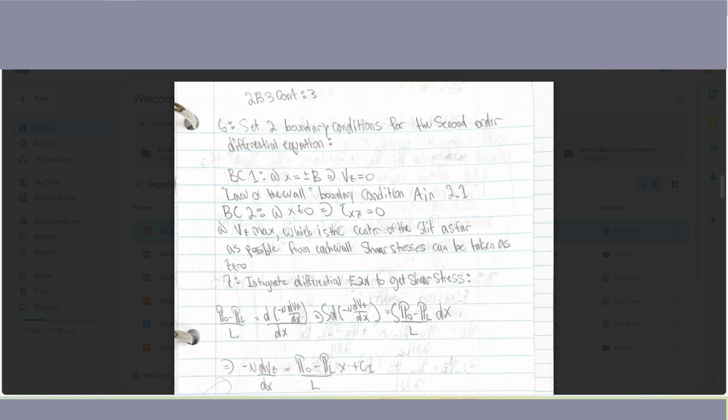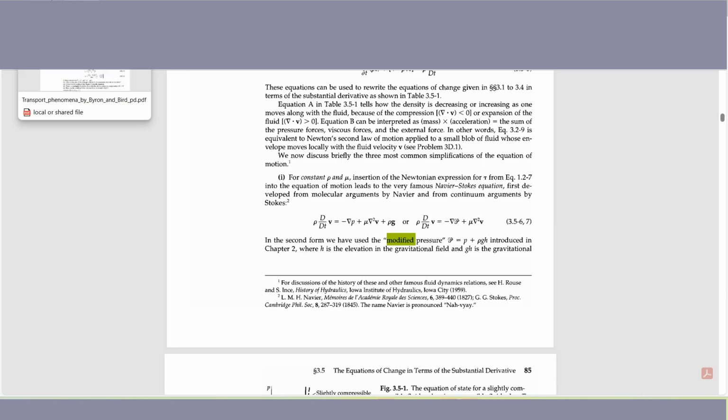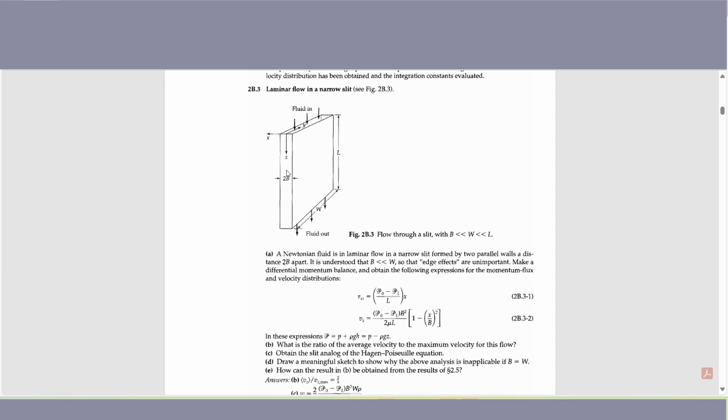And then the second boundary condition is at x equals 0, tau xz equals 0. At x equals 0, in the center, tau xz equals 0. That's because tau xz is the viscosity times the derivative of vz with respect to x. So picture the velocity profile doing a curve like this.